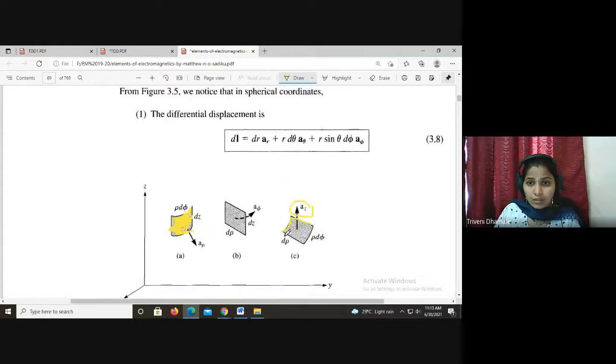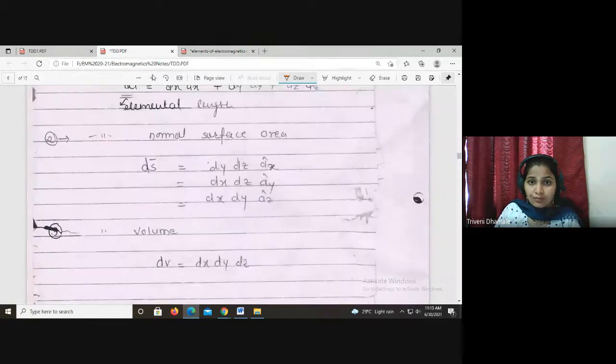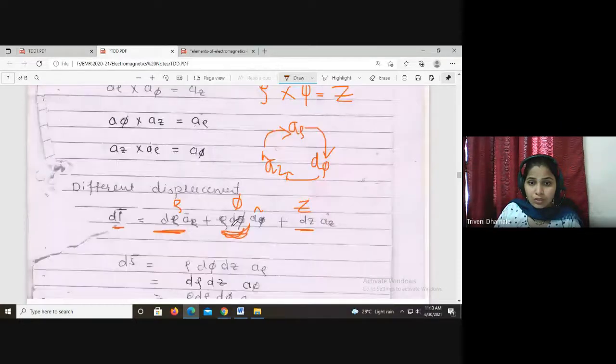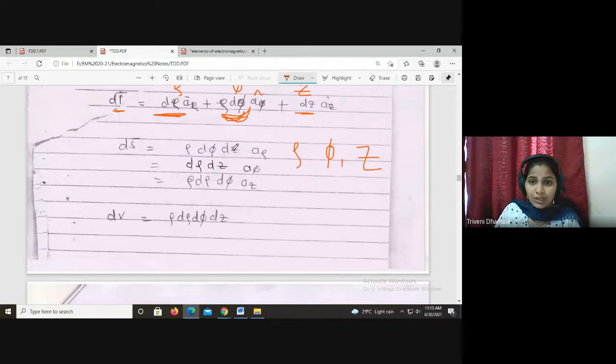So for this we have to write differential surface areas. Suppose now concentrate on the rho constant plane, so rho, phi, z. If it is rho constant, remaining are the differential of phi, rho d phi, and the differential of z, dz, the multiplication of both. When phi is constant, that is the phi constant plane, the remaining two, the multiplication of their differential lengths.